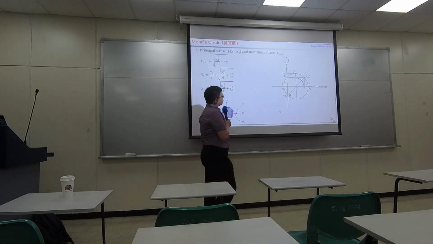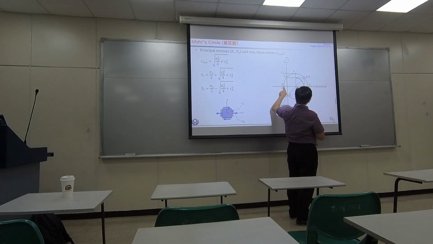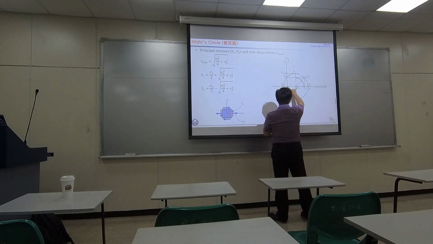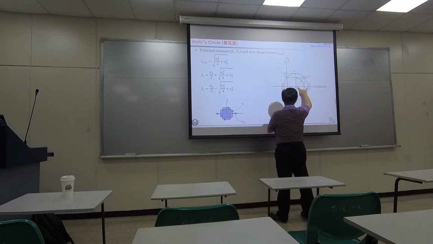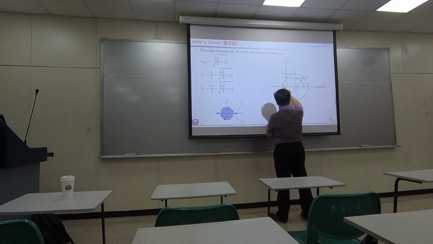Then how do you compute the first principal stress and the second principal stress? It's quite easy. You can use this distance, which is half of sigma A, plus the radius, or minus the radius.